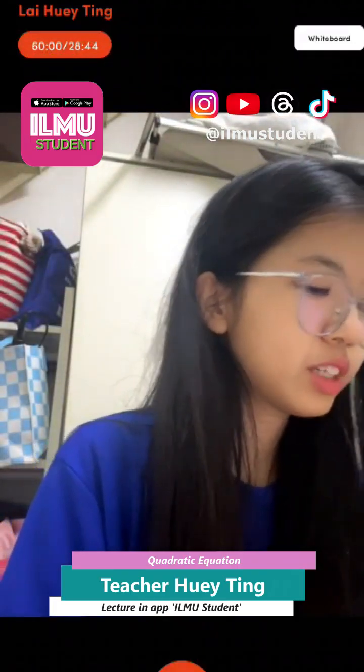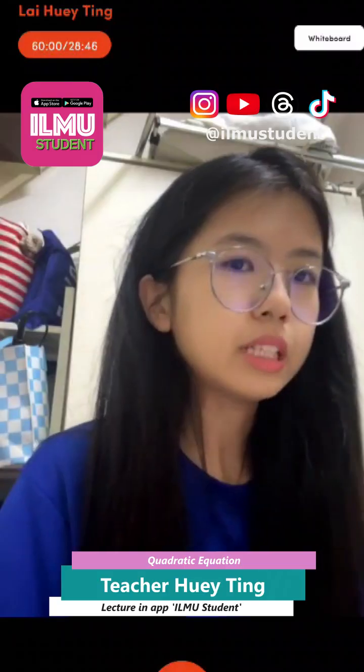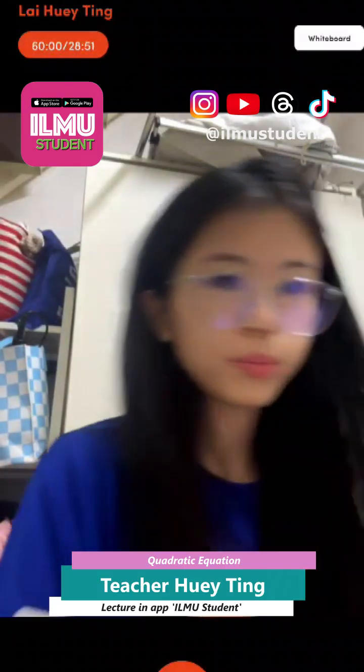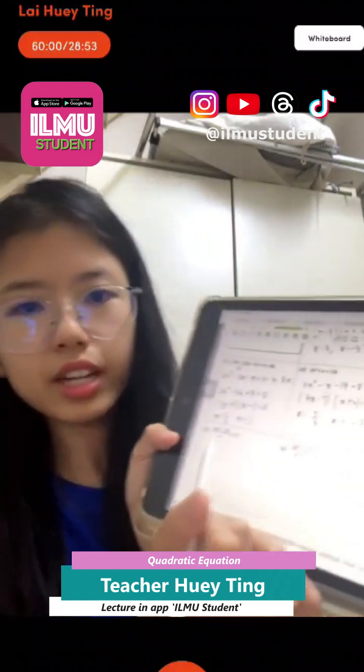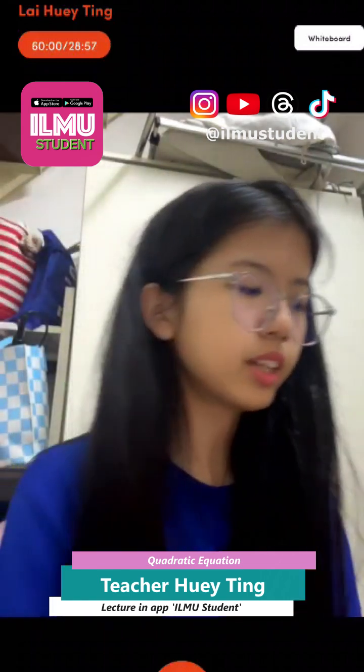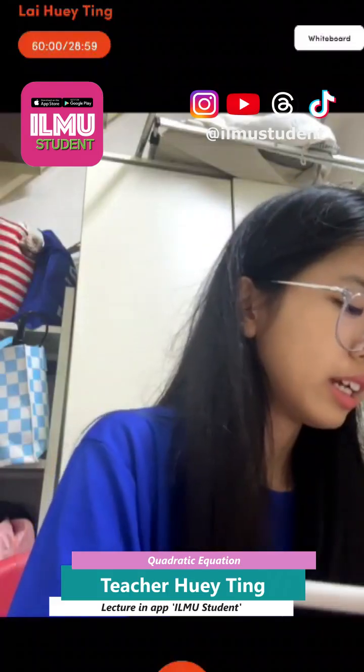And then for f, we also use a similar method. So first, because here got x, right? So we have to multiply x with both sides to remove the x.